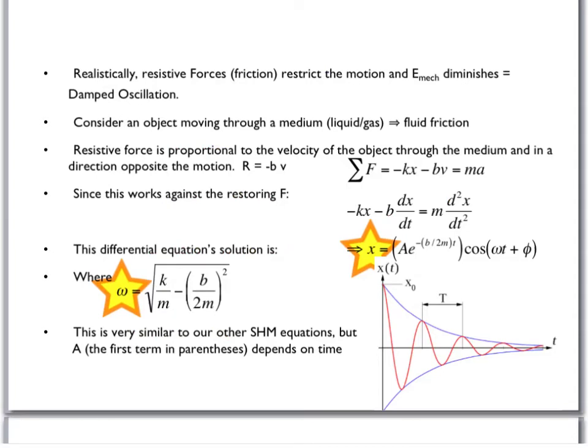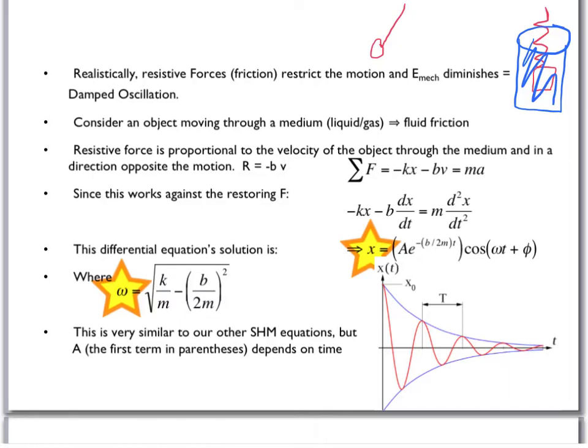Now, realistically, there are resistive forces in nature. There's friction, there's air resistance, and up to this point, we have not worked with any of those things on our oscillators that we've been studying. Realistically, a pendulum is going to encounter some air resistance, or you might have a block on a spring oscillating through some type of liquid, like putting it into a glass of water.